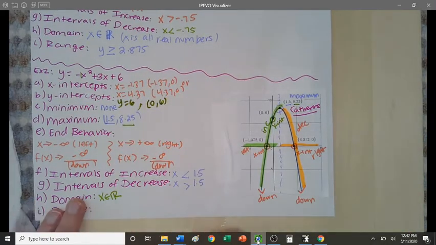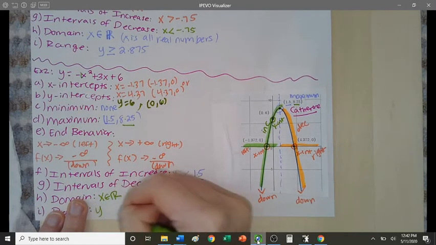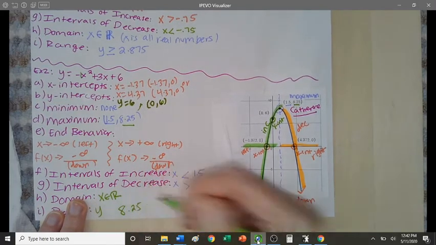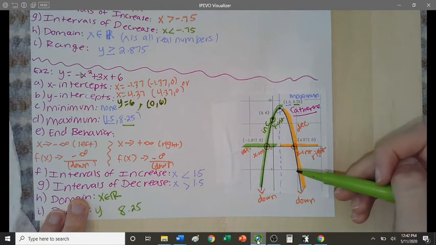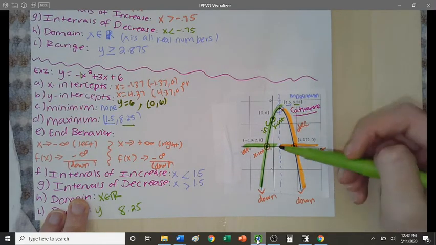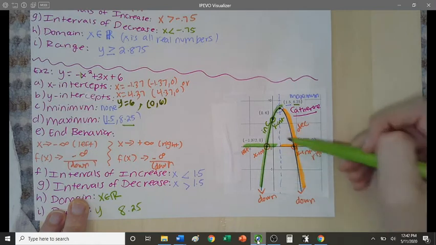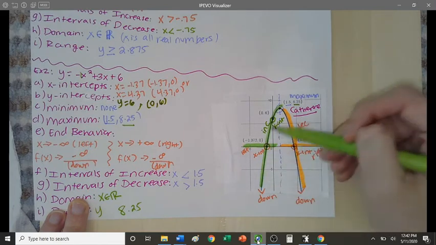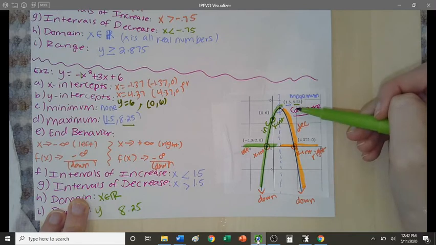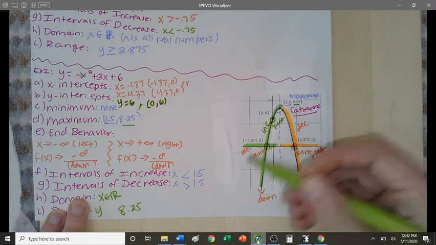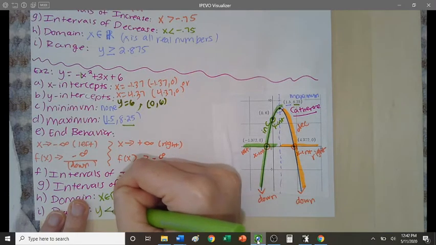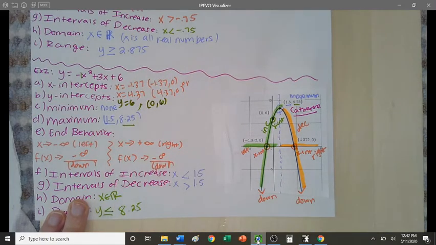So I know it's going to involve an 8.25. I just need to know, are the values on the graph larger or smaller than 8.25? Are these numbers on the graph down here larger or smaller than the 8.25 up here? Well, they are smaller than that value, which means y is less than or equal to 8.25.